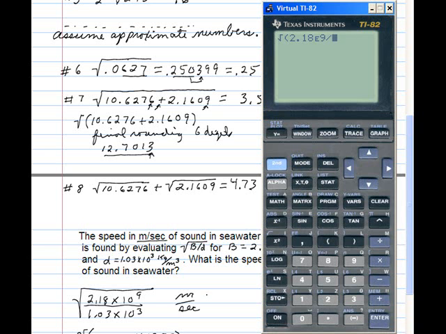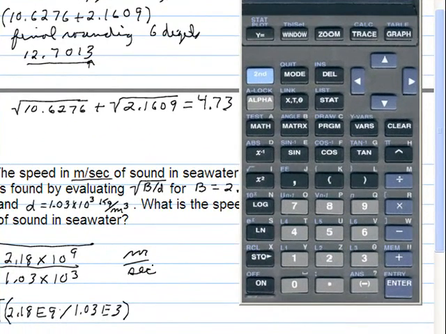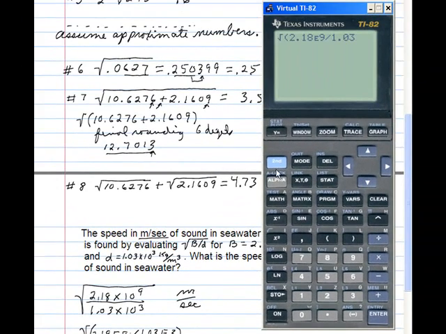That is, it connects the 9 and the 2.18 to the E symbol, so you don't need a bracket. So let's put the bottom in. That was 1.03E3, so 1.03. Again, to get E, double E is here above the comma. It's blue. So I hit the blue key and the comma key, and that gives me the E3. Then I close the bracket and enter.